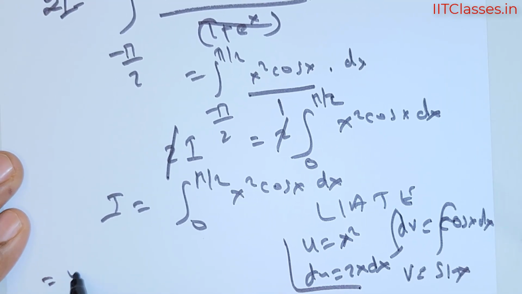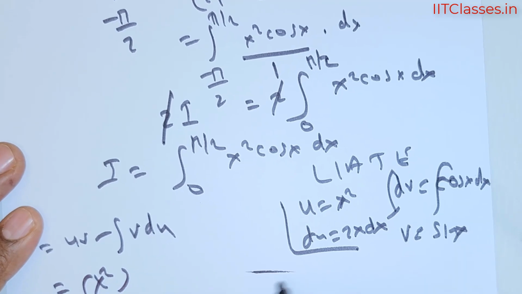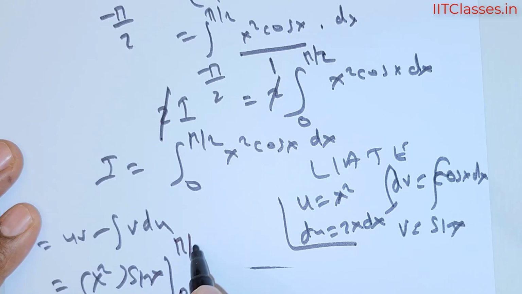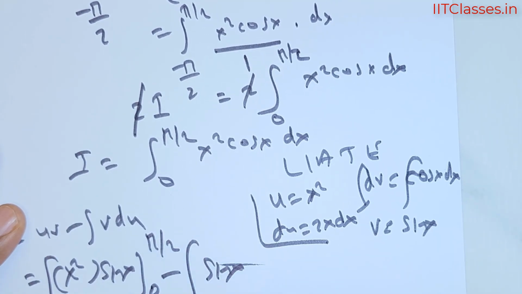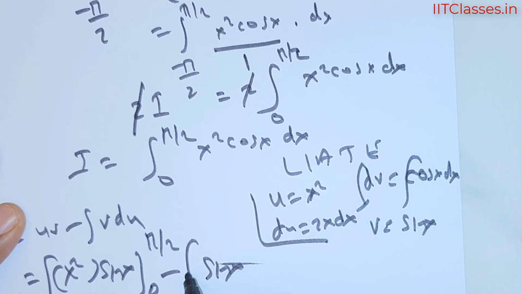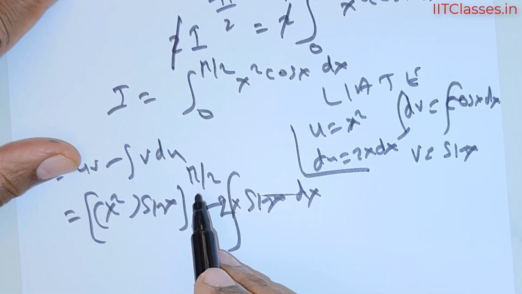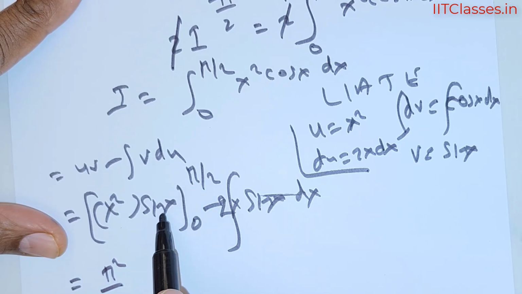So putting it in the formula, uv minus integral v du, you get x squared times my v is sin x, the limits are 0 to pi over 2, minus integral v is sin x, and du is 2 times x times dx. Now I substitute the upper limit, I get pi squared over 4, lower limit will be 0, sine of pi over 2 is going to give me 1.